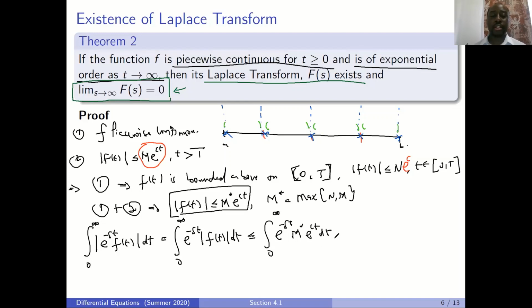Now I can take my constant out, so this is m star times the integral from 0 to infinity of e to the minus (s minus c) t dt. As long as s is greater than c, I can perform this integral.